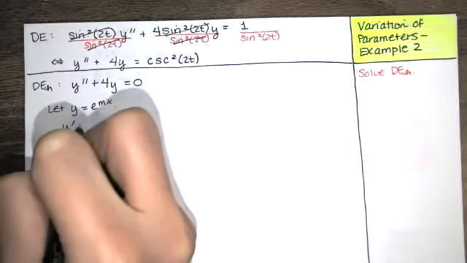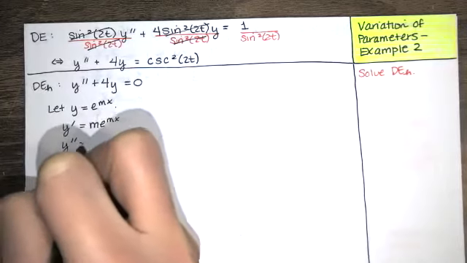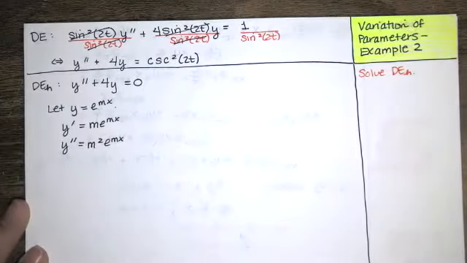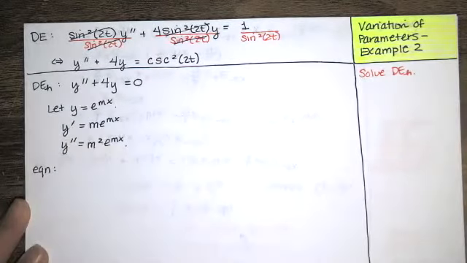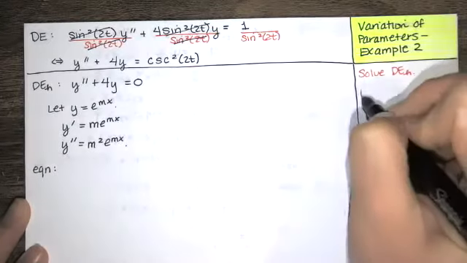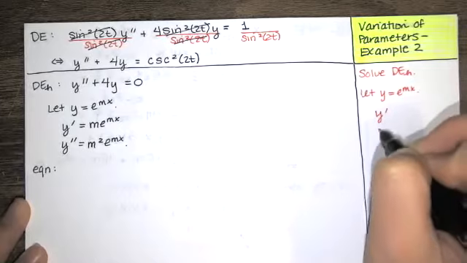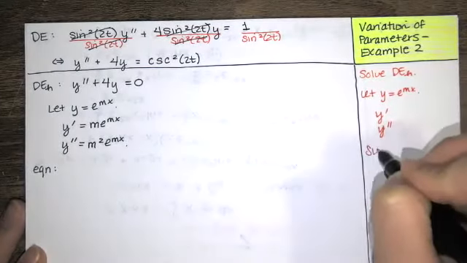And then we'll take the first and second derivative. Every time we take the derivative, we get another factor of m due to the chain rule. And then we substitute into the differential equation.